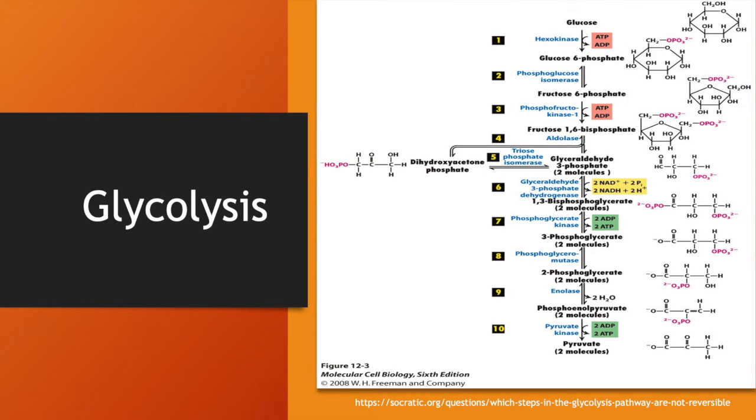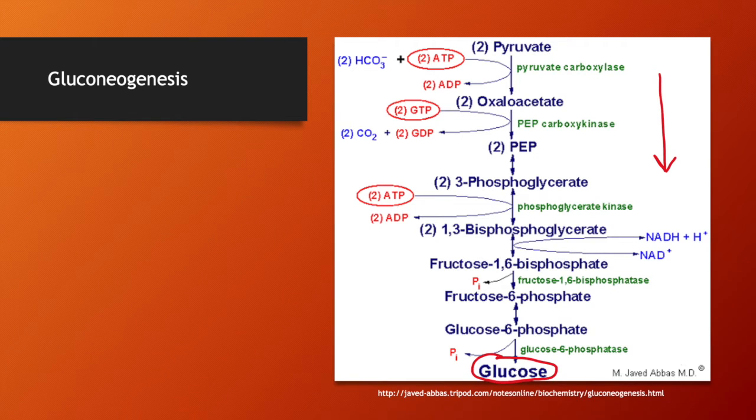This is a more detailed representation of glycolysis, and as you can see, the products are being formed in different steps of glycolysis. So our products are going to be, again, ATP, NADH, and pyruvate. On the other hand, the process of gluconeogenesis can be considered the reverse of glycolysis.